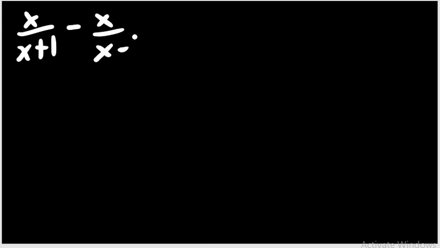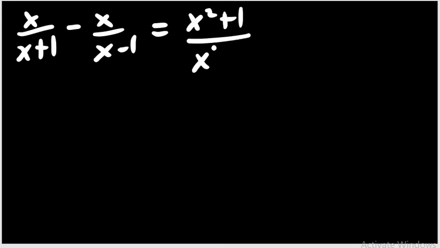So what do we have? x over x plus 1 minus x over x minus 1 is equal to x squared plus 1 over x squared minus 1.